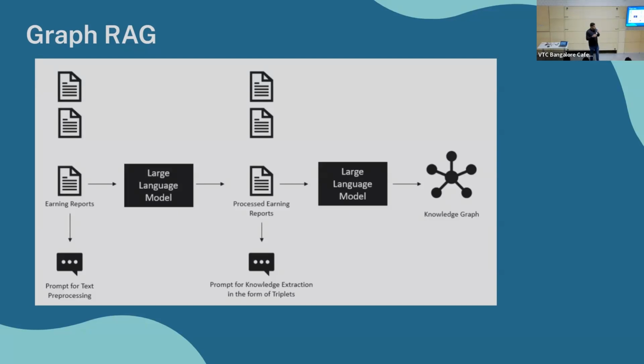So graph RAG is in a way an improvement on your traditional RAG, because during retrieval it uses the knowledge graph. That is the reason why, by leveraging knowledge graphs as part of your RAG pipeline, the responses given by LLMs are usually better in quality compared to your traditional RAG pipeline.